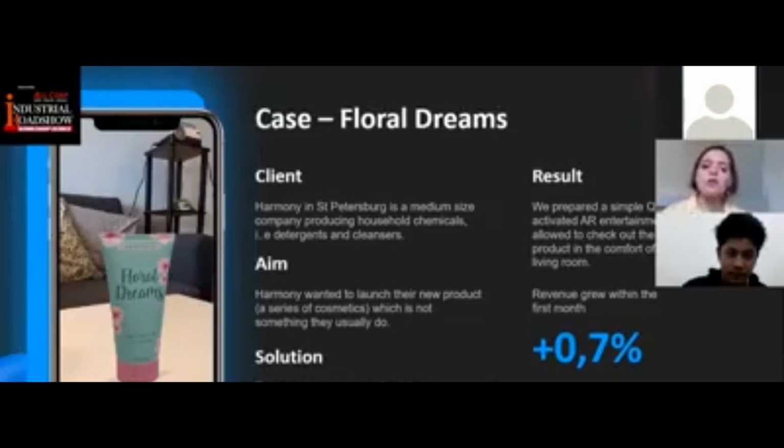There was a QR code on every single product. And after people bought their products, they were encouraged to scan the QR code and actually see how the cream appeared. So they would scan the QR code and they would see this bottle of cream appearing on their tables, on their floors, on their windowsills, anywhere.